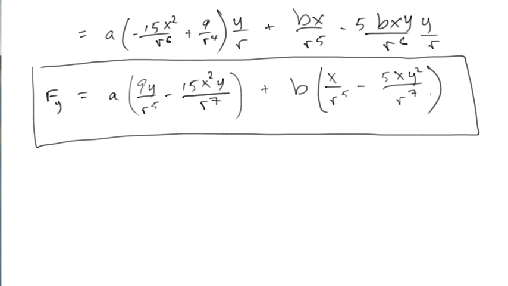So now, all I have to do is say, I got fx and fy. The magnitude is equal to the square root of fx squared plus fy squared.